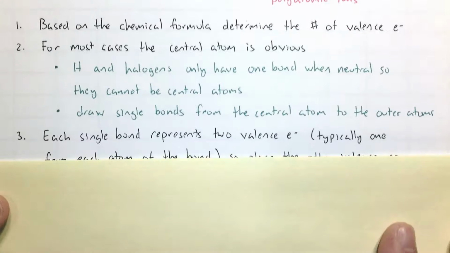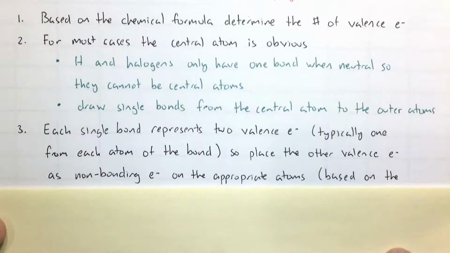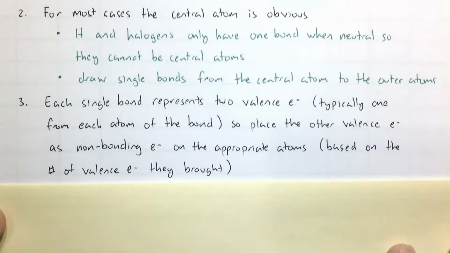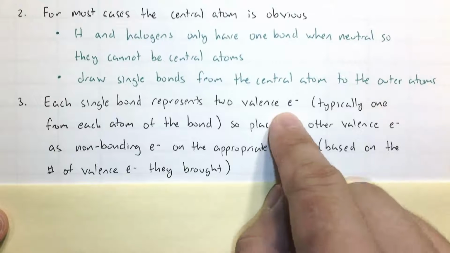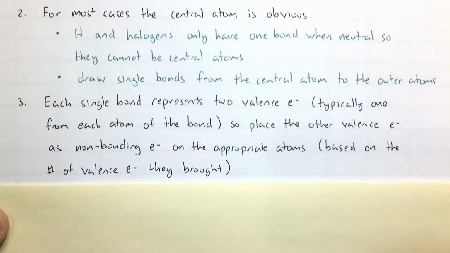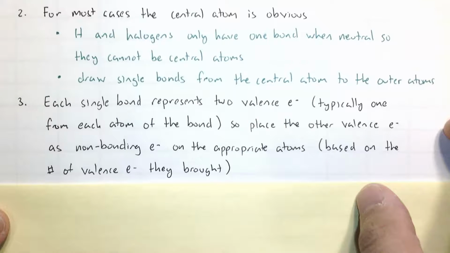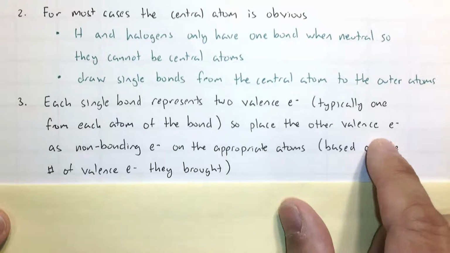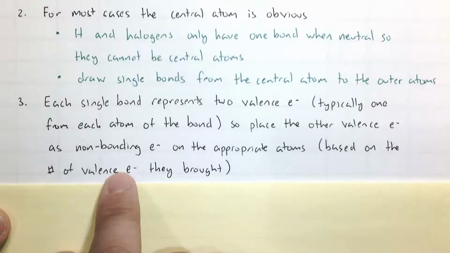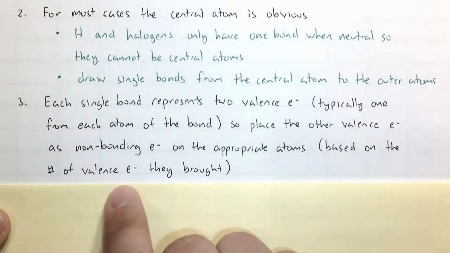Rule or guideline 3 is a little bit long. Let me show you all of it. Because each of those single bonds represents 2 valence electrons, we have a total in our heads, and we subtract the number of valence electrons that we have in bonds. And then we're going to place the other valence electrons as non-bonding electrons on the appropriate atoms, based on the number of valence electrons they brought.